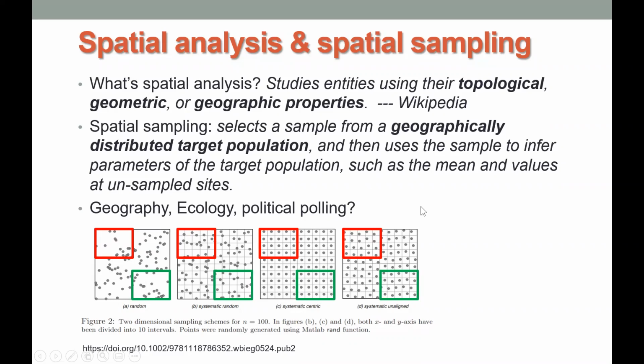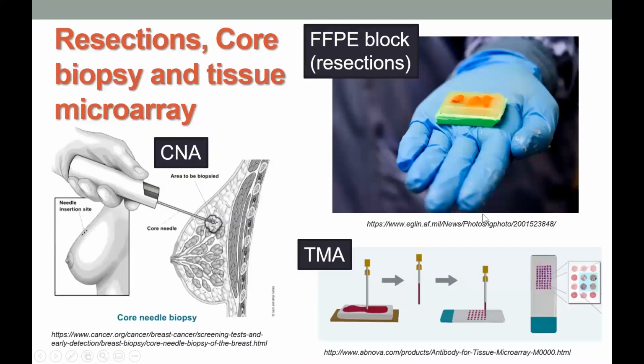And that's exactly what we see from our research. As I showed earlier, we see a very strong spatial correlation in different samples. In histology, for most of the time we can get a whole slide section or whole tissue image.